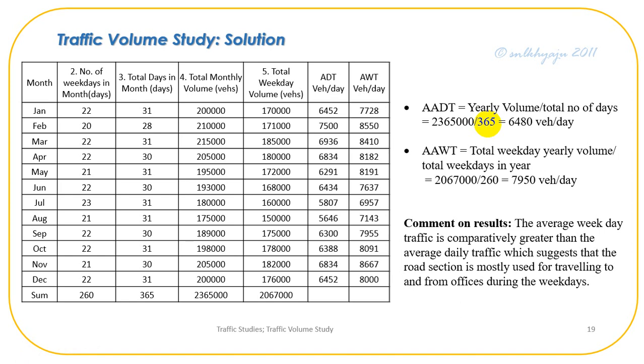Likewise, annual average weekday traffic can be determined from the relation: total weekday yearly volume divided by total weekdays in a year. This is the monthly weekday volume, and the total monthly weekday volume can be calculated as 20,67,000, and the total number of weekdays in a year equals 260.